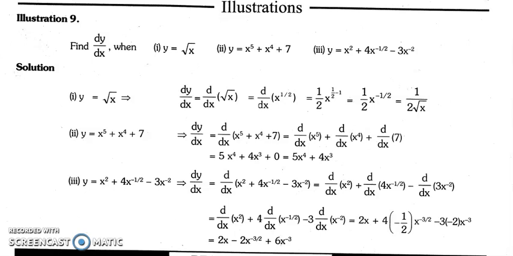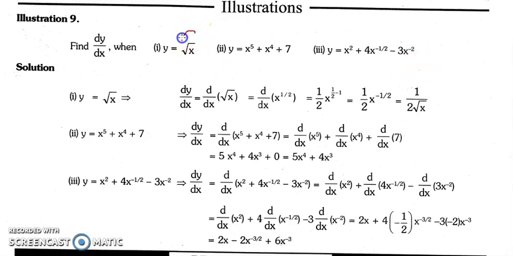In this case, we'll be using the expression dy by dx of x raised to the power n. I hope you all remember the formula for the derivative of x raised to the power n. It is n x raised to the power n minus 1, which means the power comes forward and the power is reduced by 1. So in the first case, we have the function of x as root x.